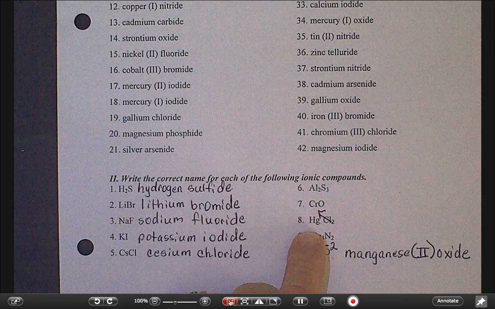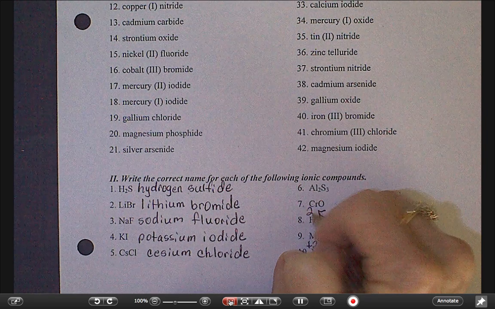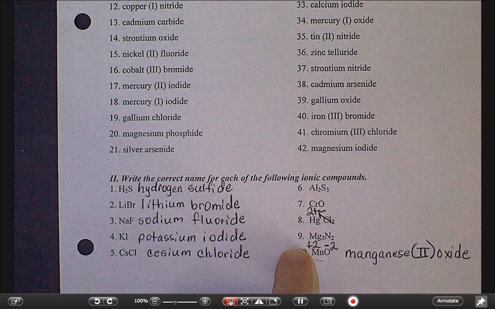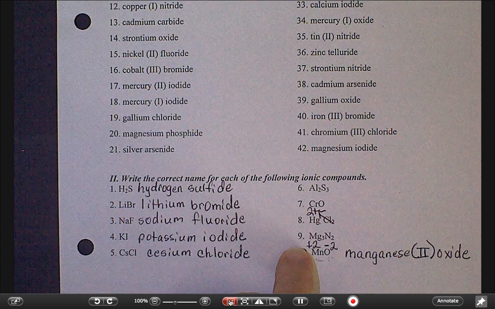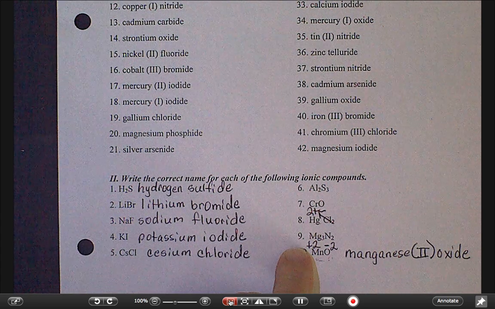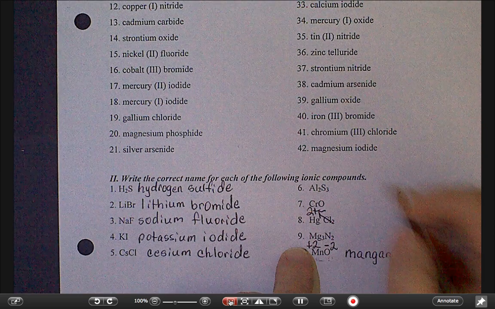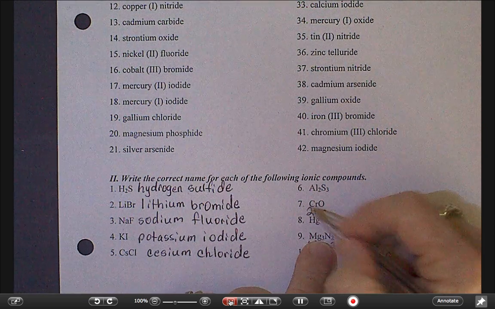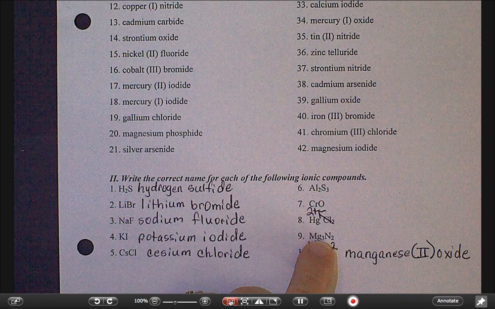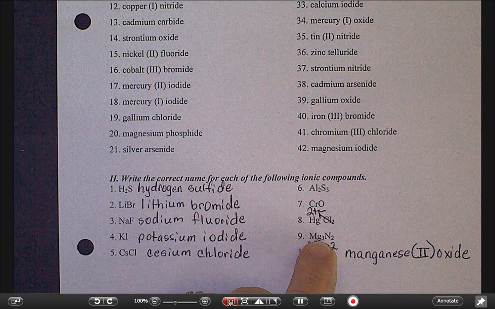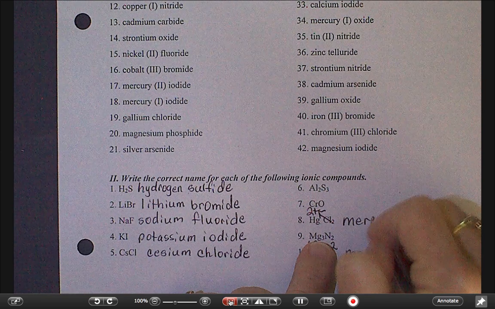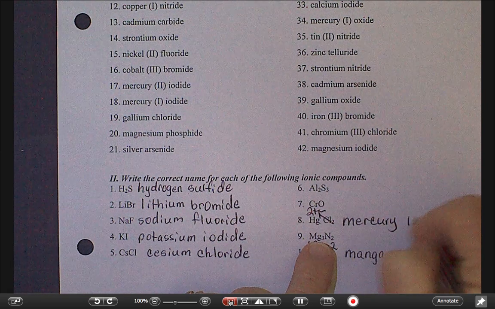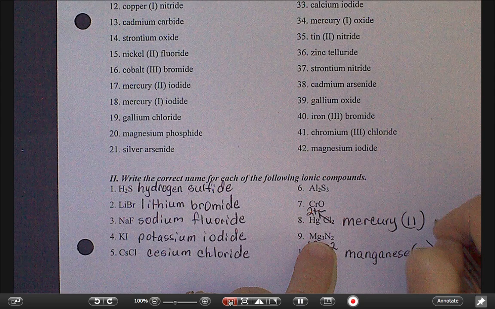What did that just tell me about mercury? +2 charge. No, no, they're metals. Metals are never negative. Okay, so my 2 came from mercury in the crisscross, didn't it? Yes. Okay, so my name is mercury 2. That's right. Chloride. Mercury 2 chloride.